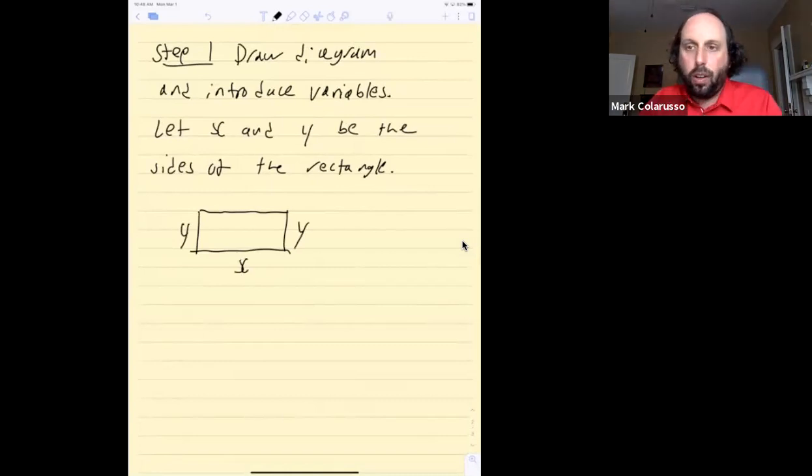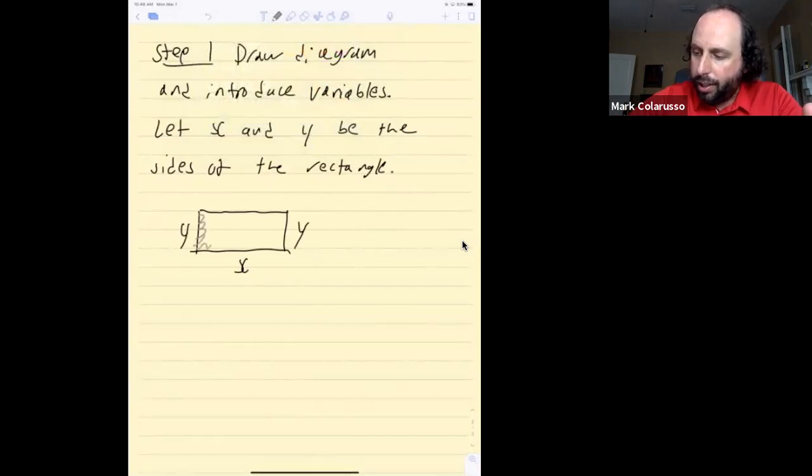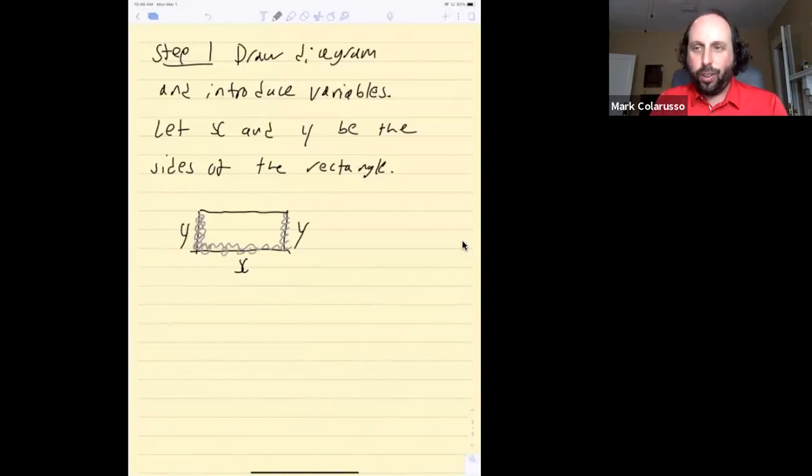Three sides are chain link, and one is wood. So I'm going to let these three sides, and it doesn't matter which three, be the chain link. Chain link looks like metallic loops, so the gray is going to be the chain link.